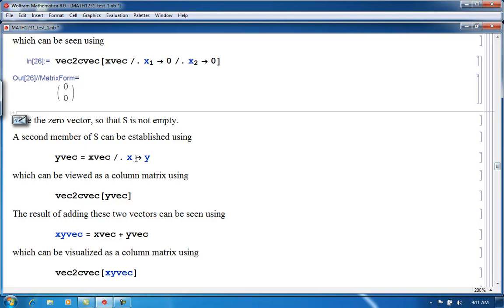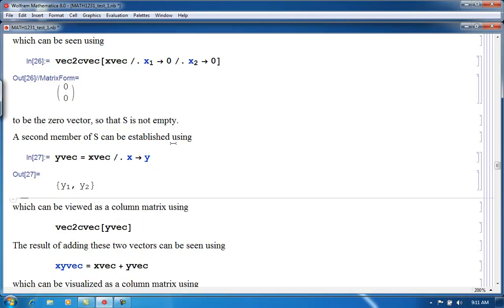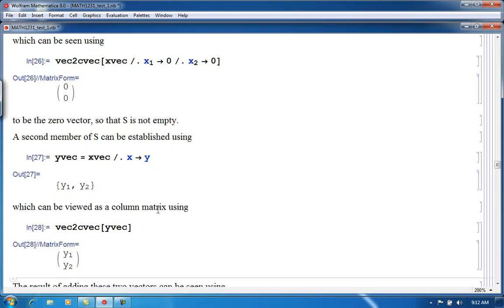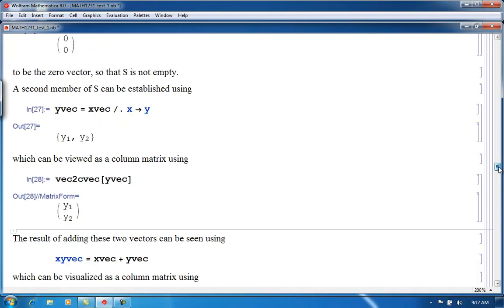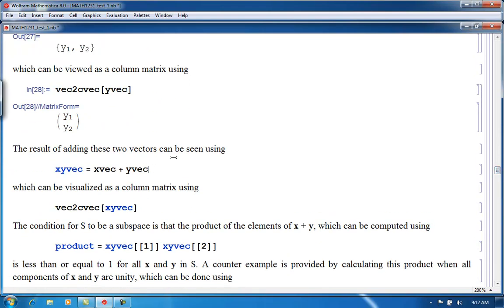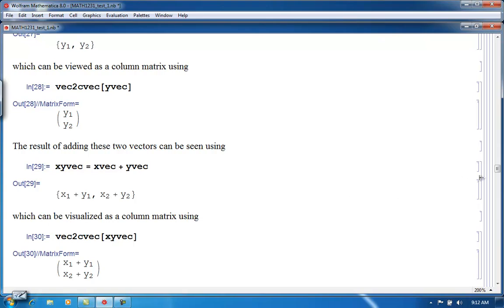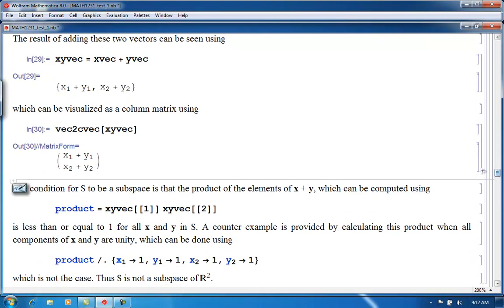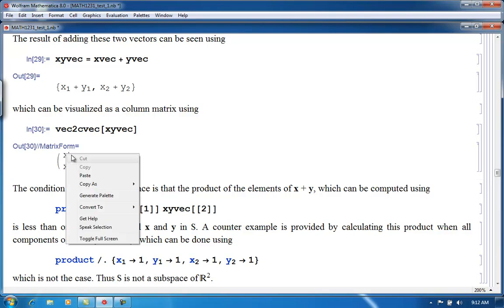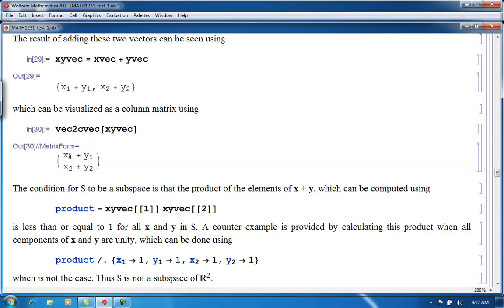And we can establish a second member of the set using this, which we can visualize. And now we look at their sum, which we can visualize like that. So this will be a member of the set if the product of this and this is also less than or equal to 1.